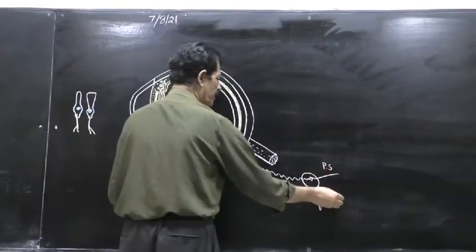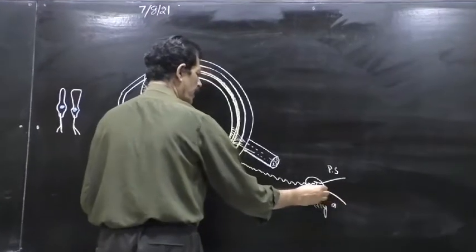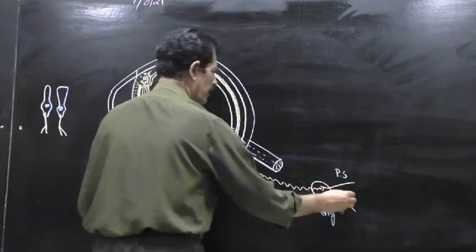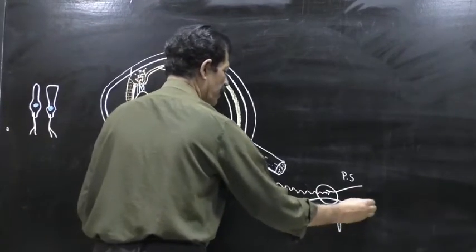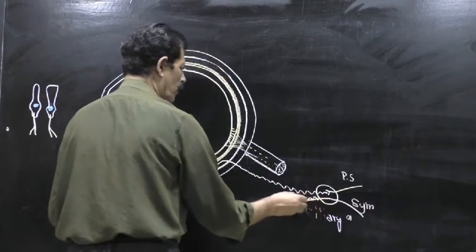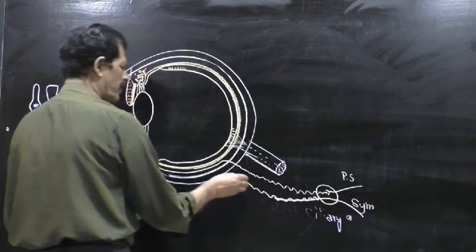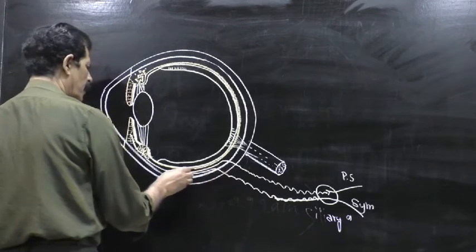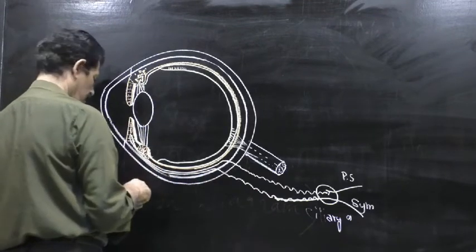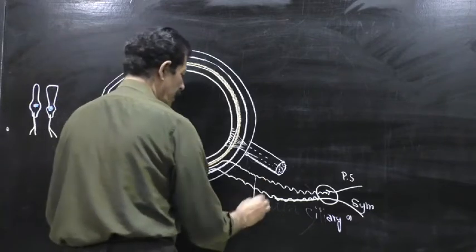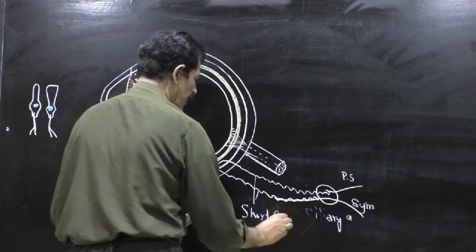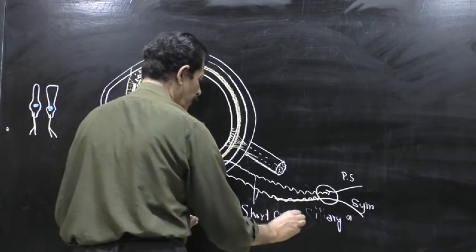The other fibers which pass through the ciliary ganglion without relay are sympathetic fibers. And they also go via the short ciliary nerves. And they supply the radial muscles of the iris and the ciliaris muscle also. They are small, so they are called short ciliary nerves.